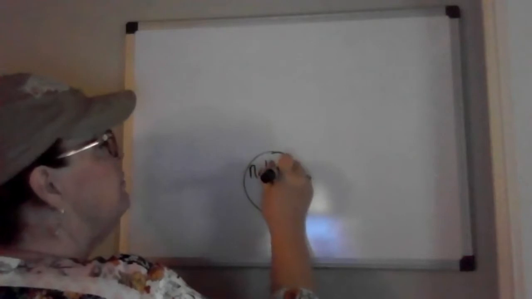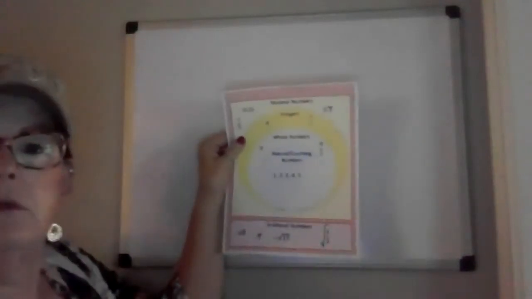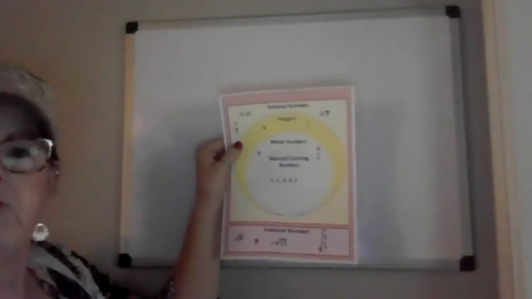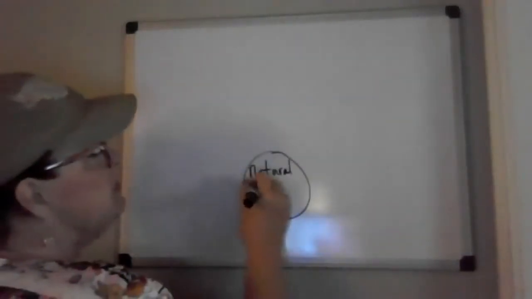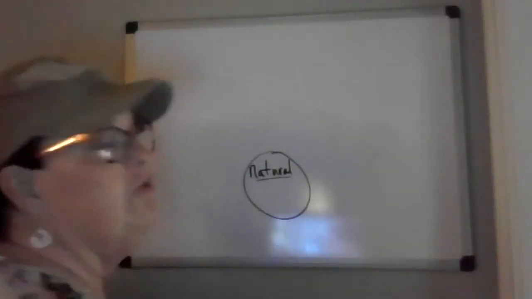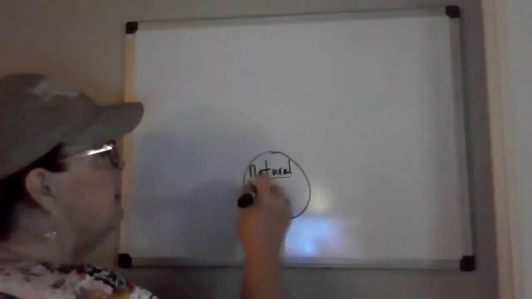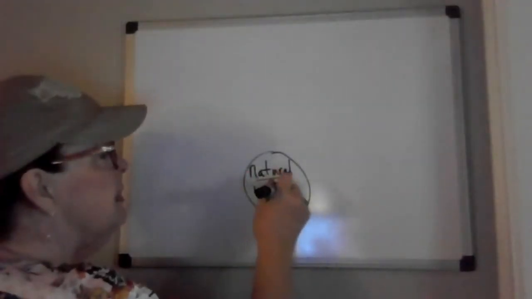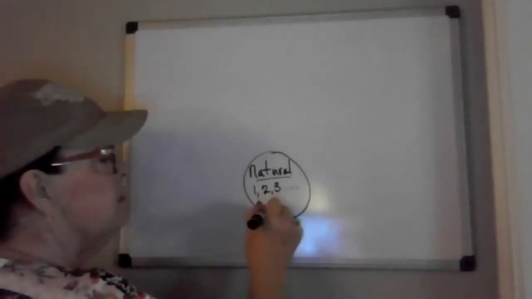Now if you want to make notes, you can, but you will be receiving this. And this is the diagram for the numbers that I'm going to talk to you about. So natural numbers, I remember that because it's natural for a young person to start with 1, 2, 3, and so on. Okay, some people call these counting numbers.